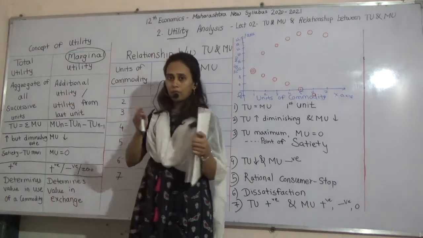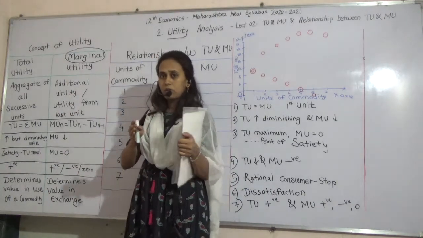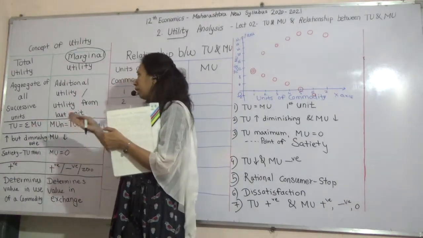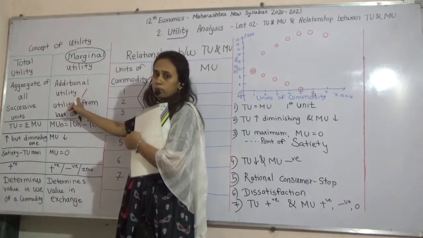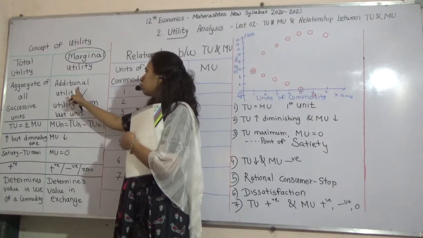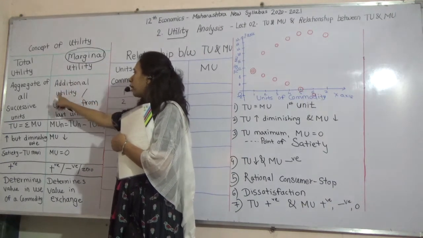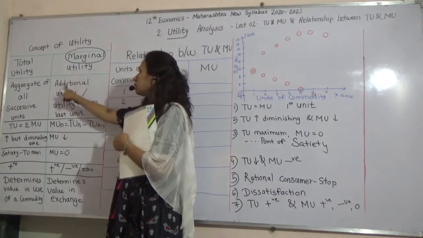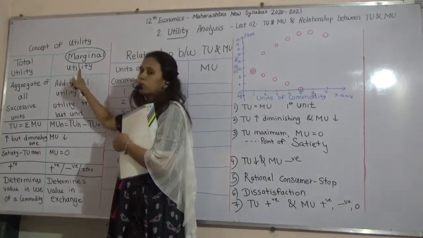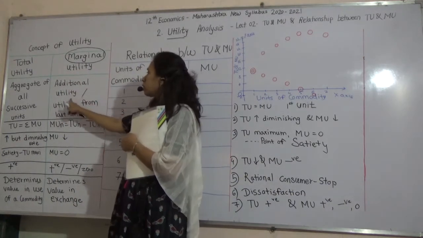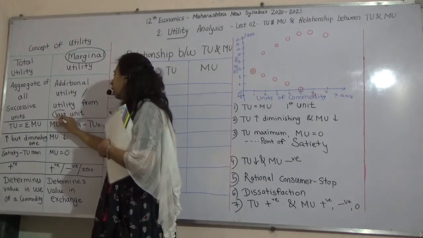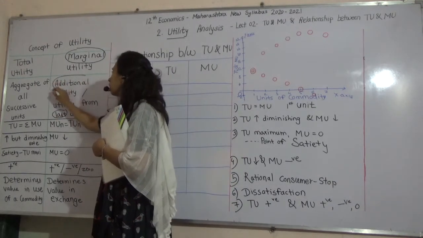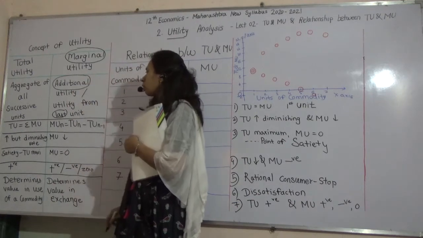For example, after eating 9 mangoes, if I take the 10th mango to eat, then the additional utility, MU, is from the 10th unit. So marginal utility means additional utility or utility from the last unit. Additional or last unit.